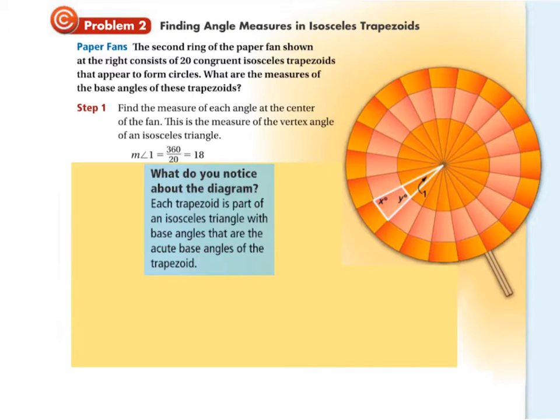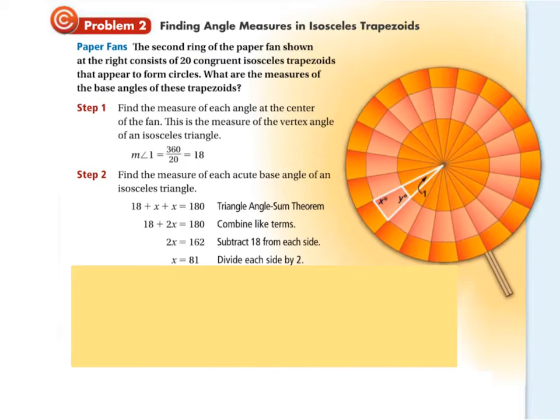And since the trapezoid is part of the isosceles triangle, then we have these base angles here and here congruent. Since this is 18, what are these two going to be? So we say, if this is x, this will also be x, so 2x plus 18 equals 180, and we solve and we find that each of these acute base angles is 81.